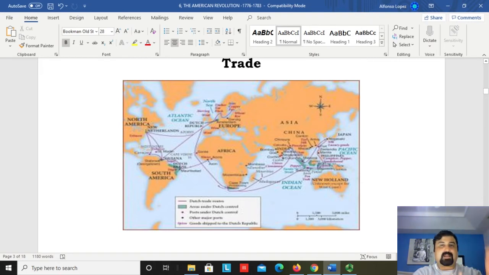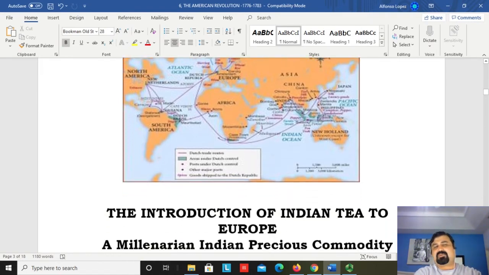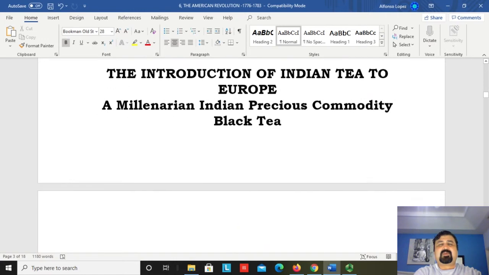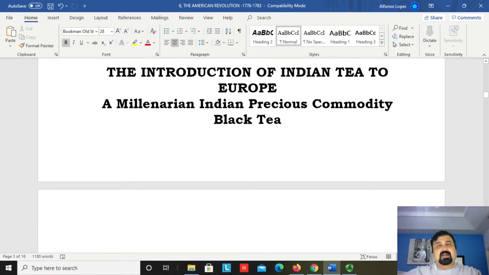Particularly, there's going to be one commodity that is going to gain a lot of significance, a lot of value, a lot of popularity within Europe, and most importantly in Great Britain, of course, but also in North America. And this is a product that the East India Company is bringing from India.